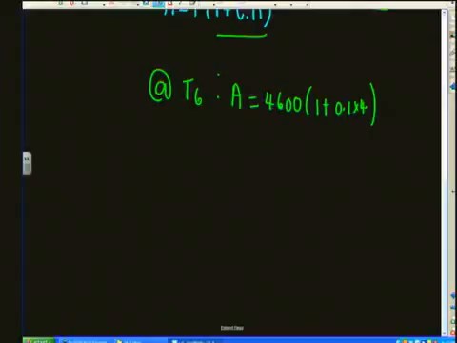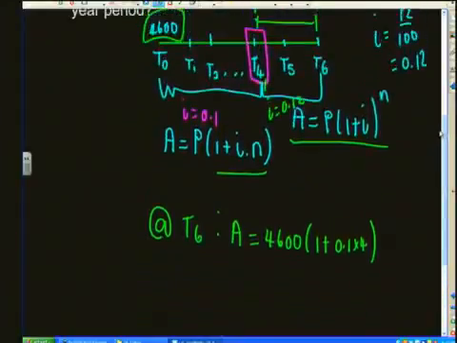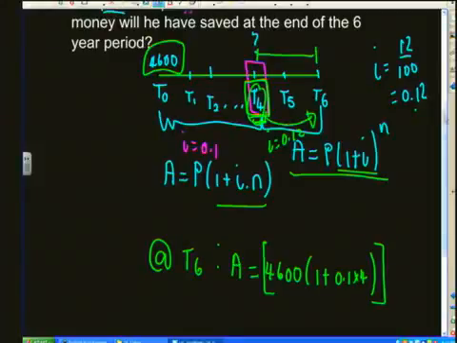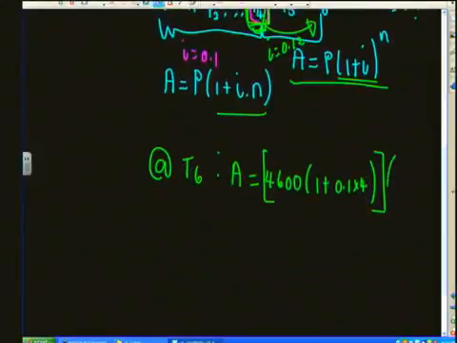So this will give us the value of the investment at the 4th year. But we then know that whatever's in there, this entire amount, is going to be reinvested at a compound interest rate of 12%. So if I want to move from time 4 to time 6, I simply need to take my accumulated amount and use my compound interest formula.